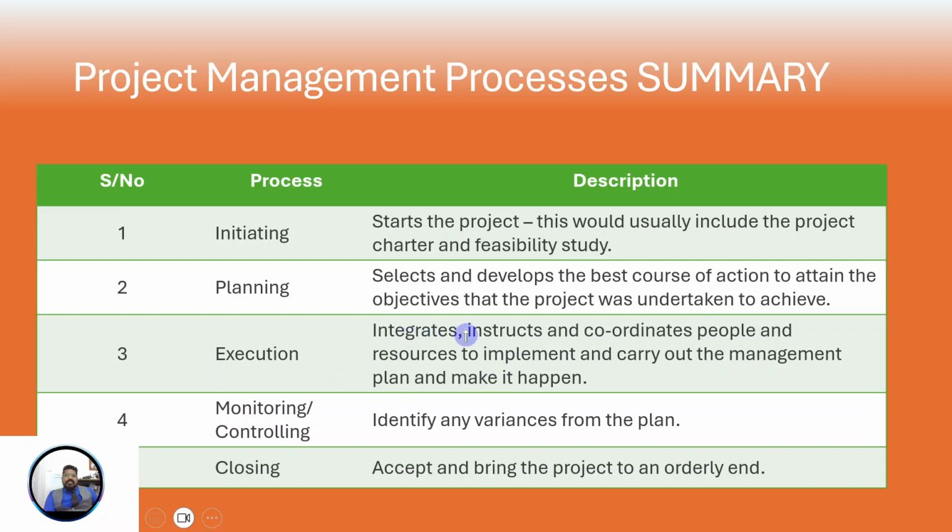Execution integrates, instructs, and coordinates people and resources to implement and carry out the management plan and make it happen. Monitoring and controlling identifies any variances from the plan. In the closing phase, you accept and bring the project to an orderly end. This is the life cycle, and these are the descriptions of these project management processes.